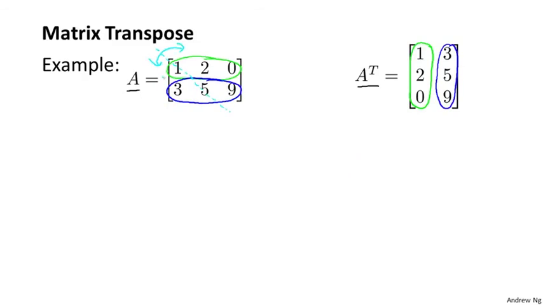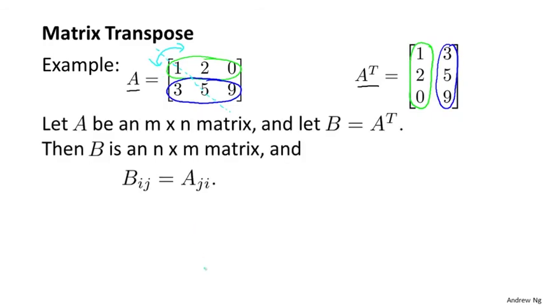Okay? So here's the more formal definition of a matrix transpose. Let's say A is an M by N matrix, and let's let B equal A transpose. Then B is going to be an N by M matrix with the dimensions reversed. So here we had a 2 by 3 matrix, and so the transpose becomes a 3 by 2 matrix.